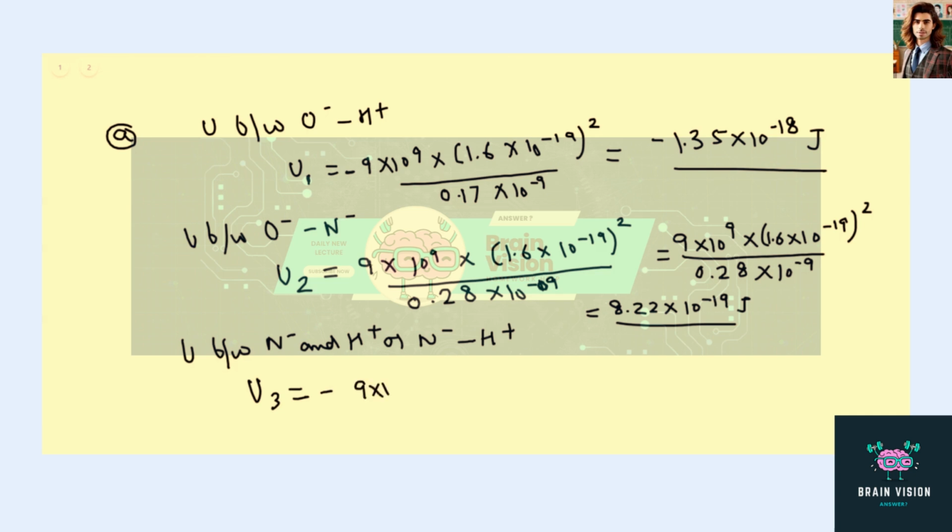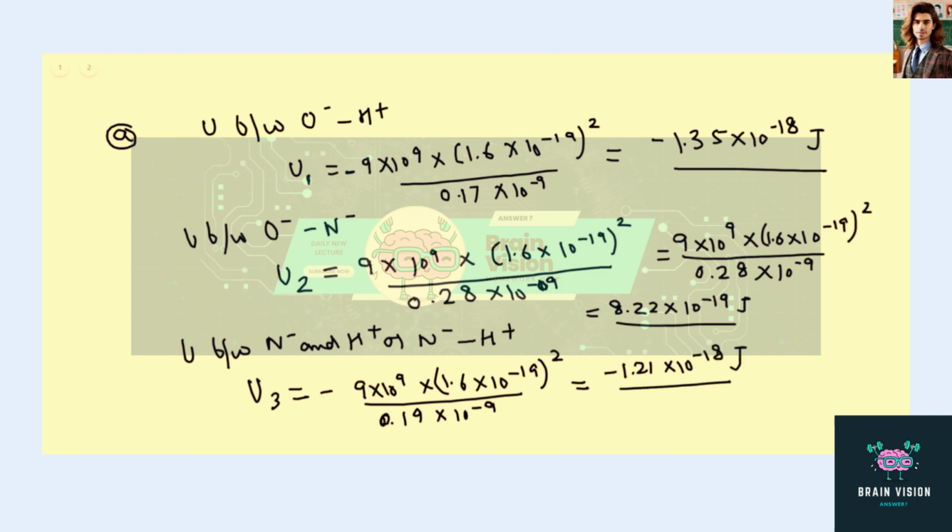So this becomes 9 times 10 to the power 9 into 1.6 times 10 to the power minus 19 squared over the distance 0.19 times 10 to the power minus 9. This gives us minus 1.21 times 10 to the power minus 18 joule. Record this value, we will use these values.